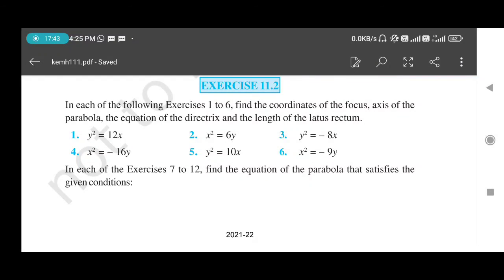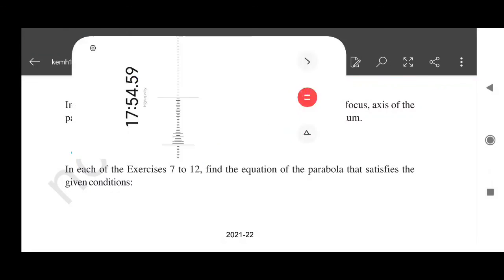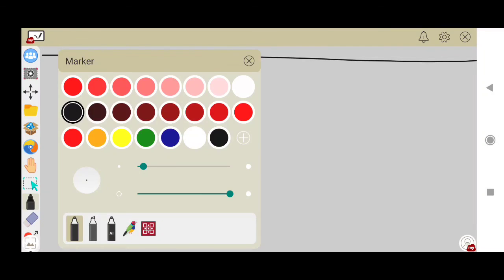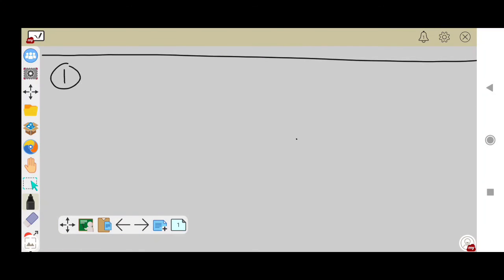Here it is y square. Therefore, the axis of the parabola will be along the x-axis. On the x-axis, the focus is (a, 0). Here it is positive, therefore the opening will be on the positive side of the x-axis. So the focus will be (a, 0), which is (3, 0).